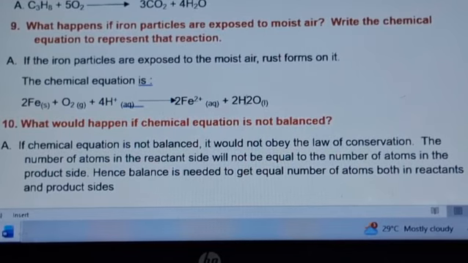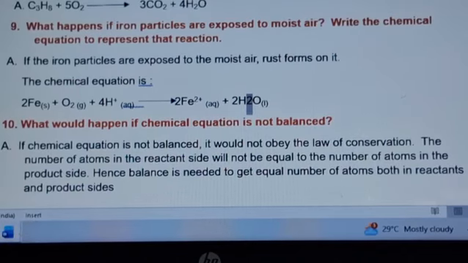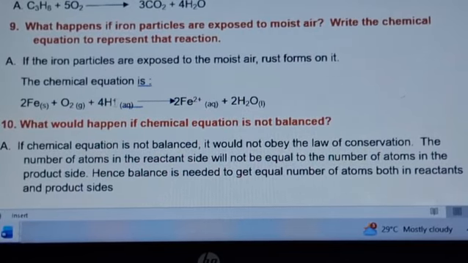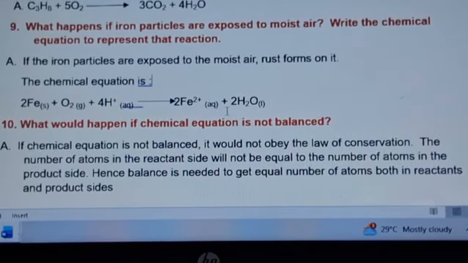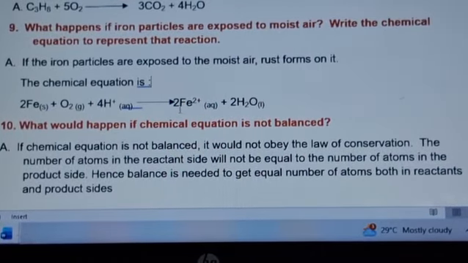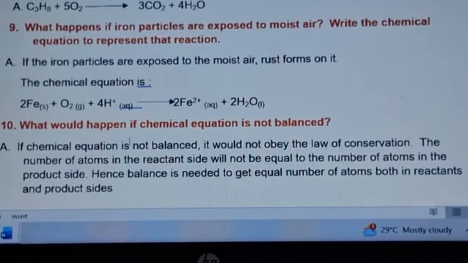So to make oxygens 2, water is multiplied by 2. When water is multiplied by 2, you are getting 2 into 2, 4 hydrogens. So 4 hydrogens, 4 multiple here. Oxygens 2 are here, oxygens 2 are here, hydrogens 2 here because it is only an ion. To make it 2, it has to be multiplied by 2. 2 iron and 2 iron.